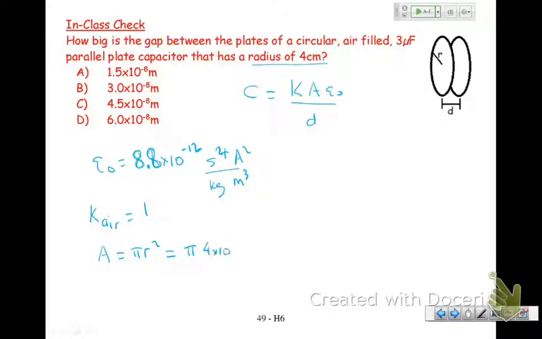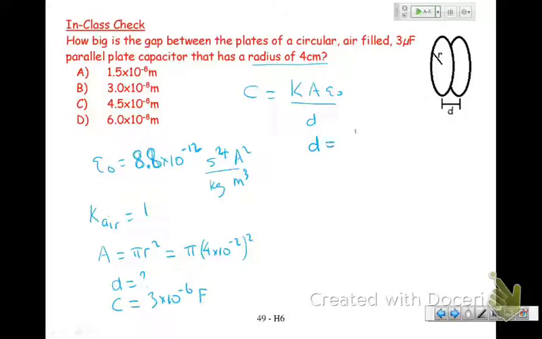So that would be 4 times 10 to the minus 2 squared. So there's my area. And let's have a look. My K was equal to 1, and my D is what I want to find. And what's my capacitance? My capacitance is equal to 3 times 10 to the minus 6 farads.